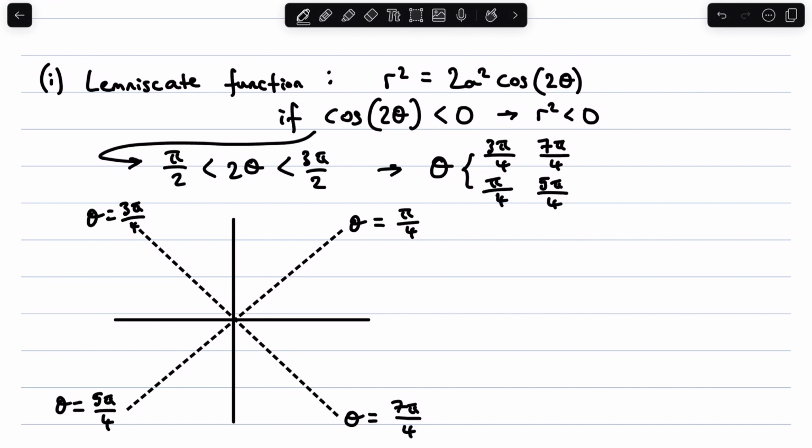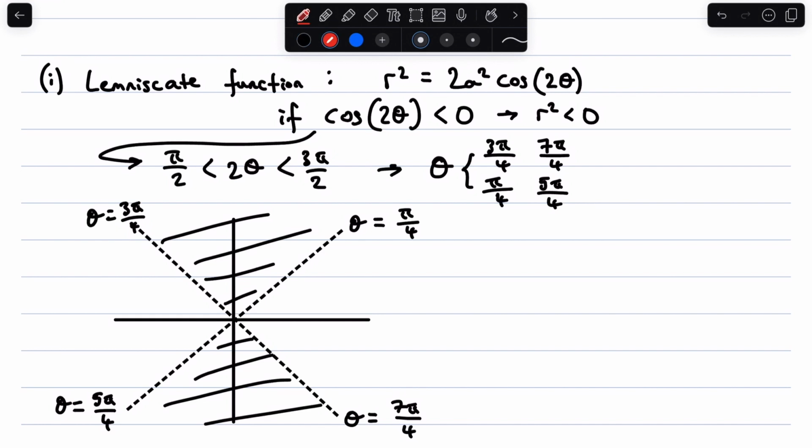And we were saying between these ranges, so between pi over 4 and 3 pi over 4, we can't use this region. And similarly, we can't use this region. And so what we're left with is drawing some function in the ranges that haven't been shaded in.